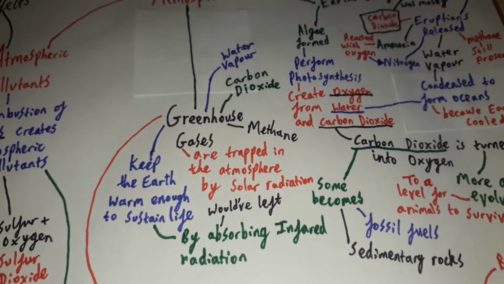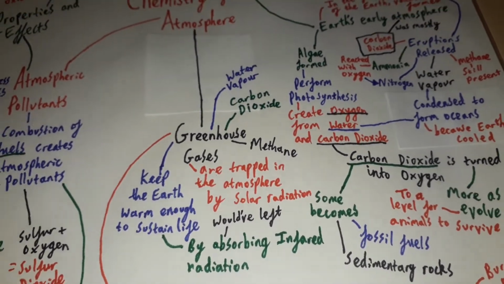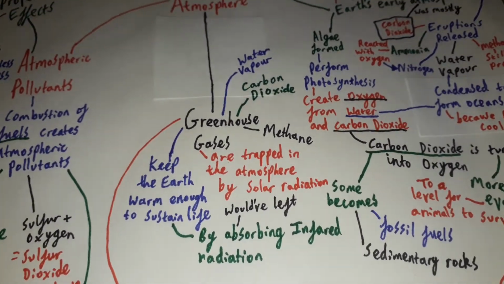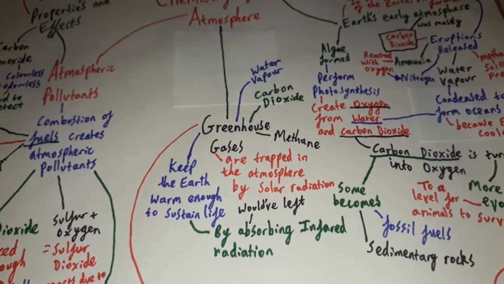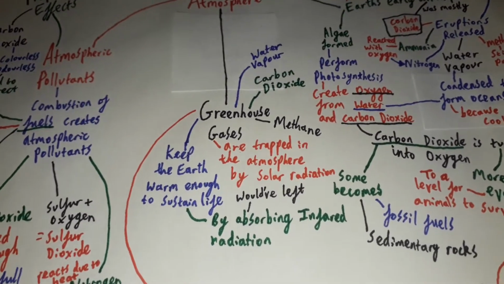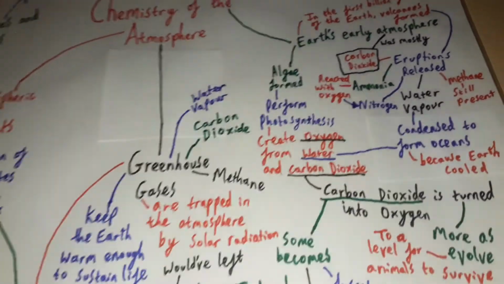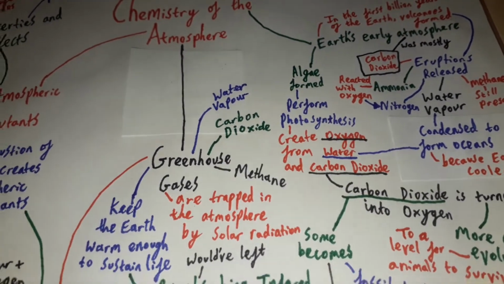The infrared radiation comes in, and normally a lot of it would just leave, but more of it ends up staying with us because of these greenhouse gases. So they actually help by heating the planet so it's good enough for us. The infrared radiation would have left before without them. Greenhouse gases include methane, carbon dioxide, and water vapor.